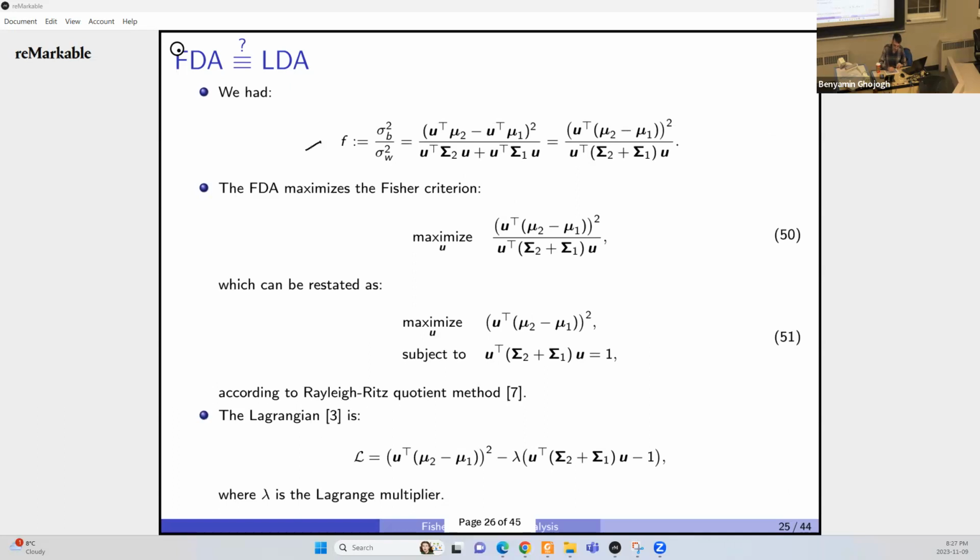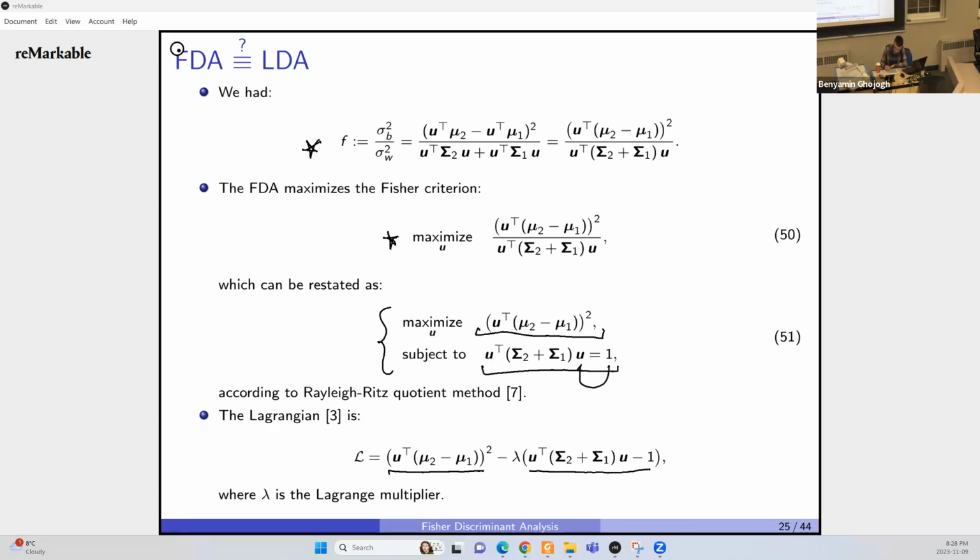So this is what we had. I'm repeating it. We know that FDA maximizes this Fisher criterion. Agreed? Again, according to preliminaries, this is equivalent to maximizing the numerator while you set the denominator to some constant. Well, now I have this optimization problem. What should I do? Lagrangian. Lagrangian is this minus lambda, this constraint.